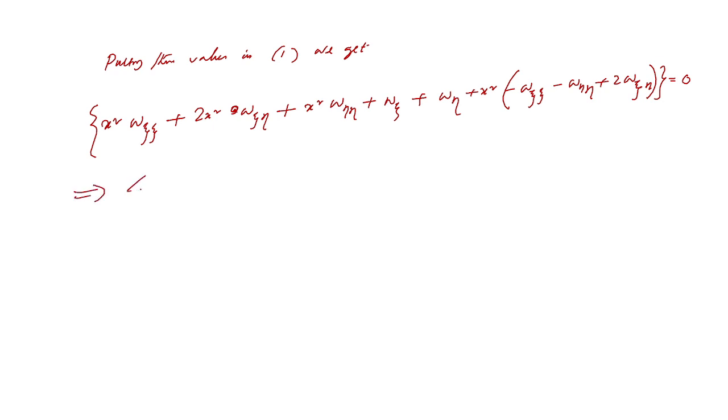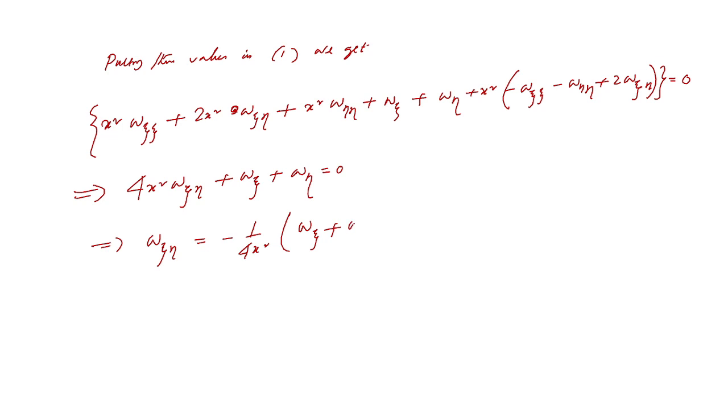By simplification we will get 4x² ω_ξη + ω_ξ + ω_η = 0. So that means ω_ξη = -1/(4x²)(ω_ξ + ω_η).